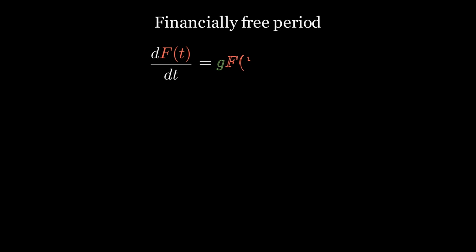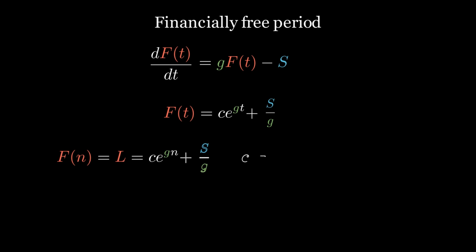We start at a similar place to the working period, just without the E. This gives us the general solution here, and we use a different condition to specify the particular form. Remember that Charlie specified his finishing wealth at t equals 75 to be L equals 200,000. Putting those figures in gives us the particular form here.